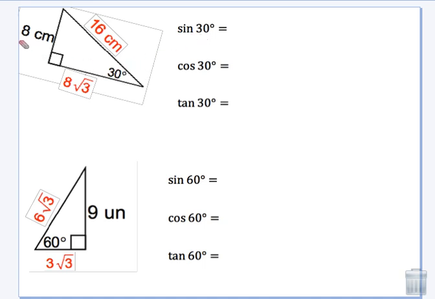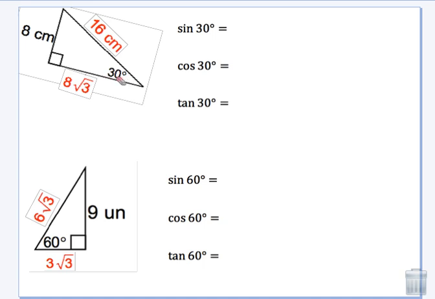So it would be the opposite, or my 8, divided by my hypotenuse. I labeled my values already. This was from the original triangles we practiced, 30-60-90 and 45-45-90. So I set up the sides. Now let's see if it actually works.